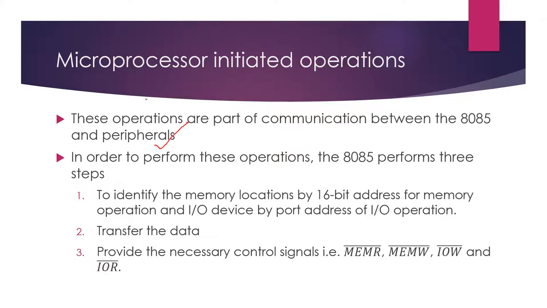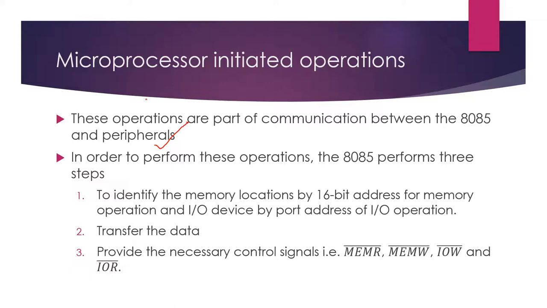Memory and input output devices are known as peripherals. Those are devices or chips that are not directly integrated in the 8085 microprocessor, and are connected via certain buses. So microprocessor initiated operations are part of communication between the 8085 and peripherals.